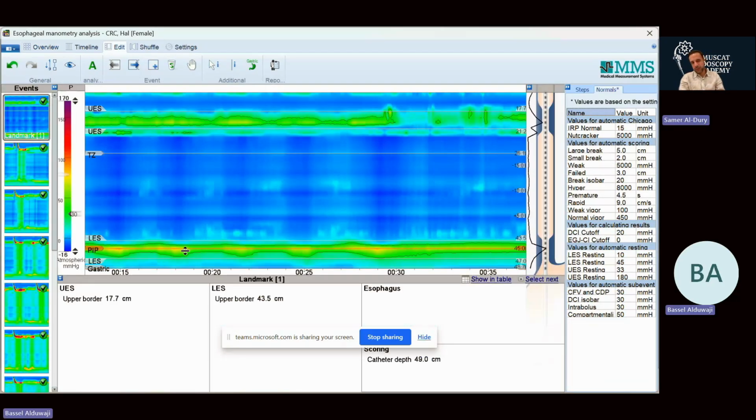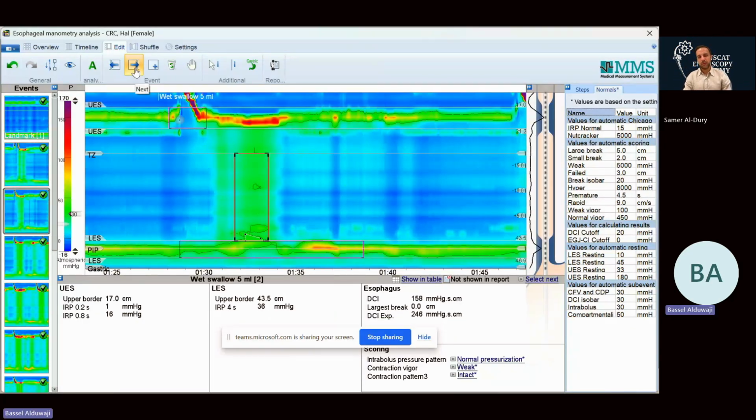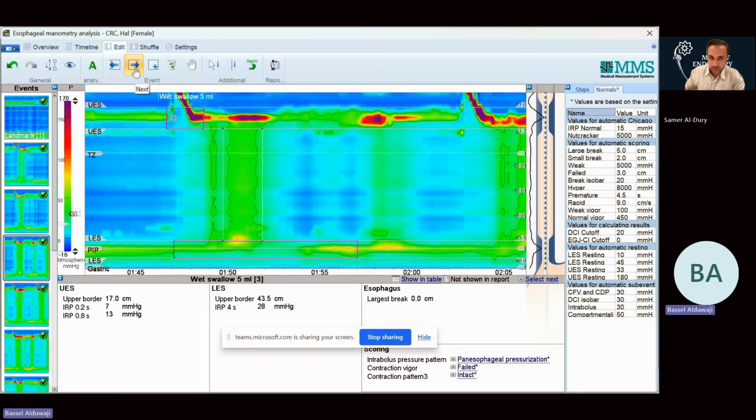From the beginning, we can see how high the LES pressure is. Then in the next swallow, there is still pressurization, but it's not clear. There's no pressurization from the top to the bottom, but the IRP is also 29. Then let's move to the next. Also the IRP is 36. Now we can see it started to pressurize. It's more clear now from the top to the bottom.